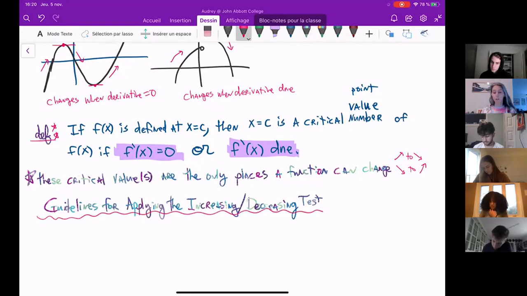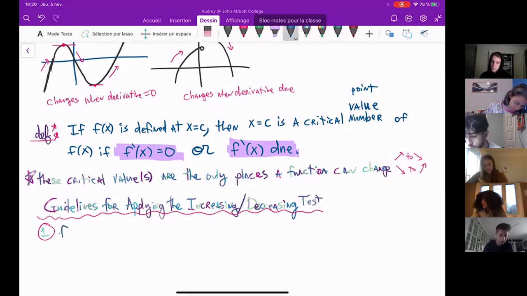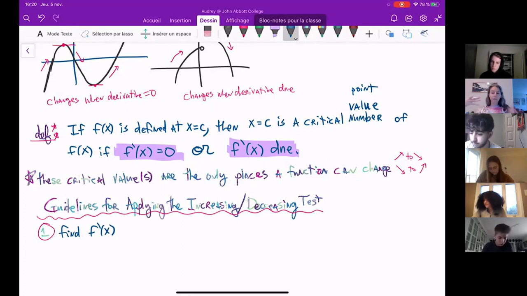So the first thing I want to do if I want to apply that test is to find my derivative. My goal being to find the critical values. So I'm going to find the derivative of f of x. And since our goal is to find critical values, we're finding the places where f prime equals 0.